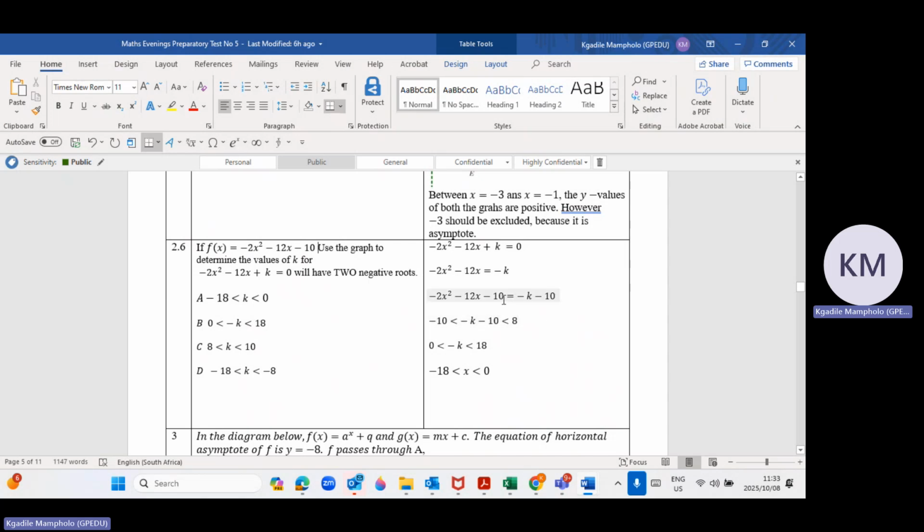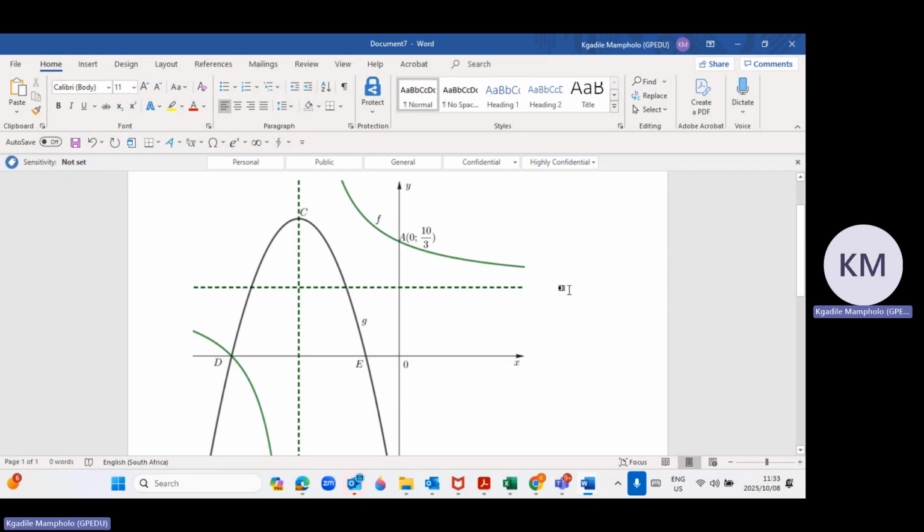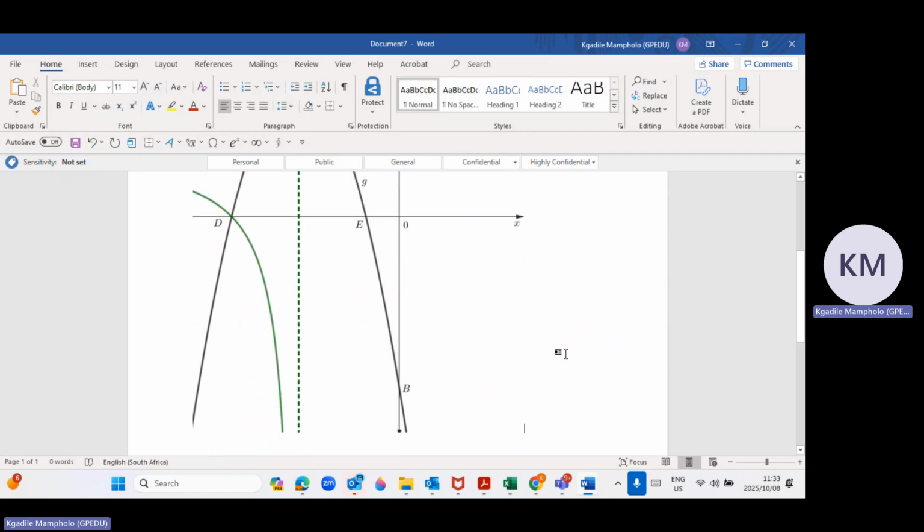Now it means you are checking the values of x. If you have found the equation of the graph, when can you have two negative roots? Look at the graph. If you draw a horizontal line on the graph of this parabola, you can have two negative roots anywhere between B and the turning point.